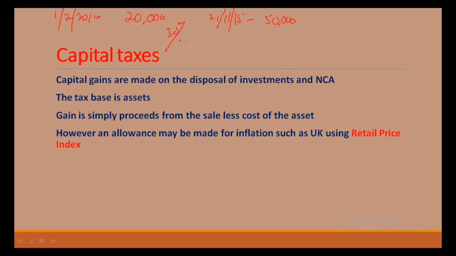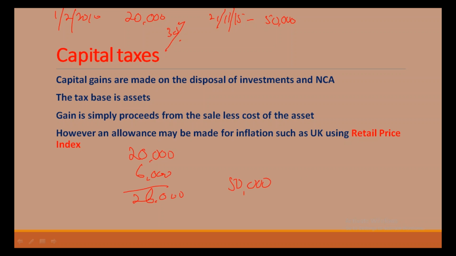What you have to do is index the 20,000. 20,000 should go up by another 30%. So it should be 26. Selling price is 50. Your capital gains will be, selling expenses for these ones, no selling expenses, no purchasing expenses.